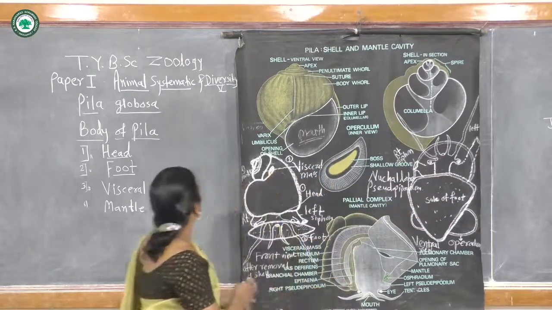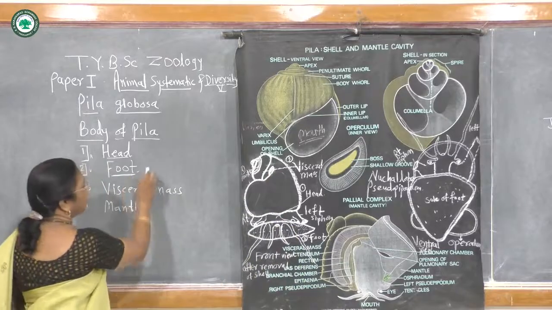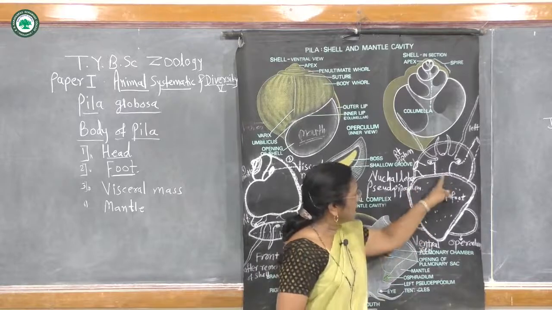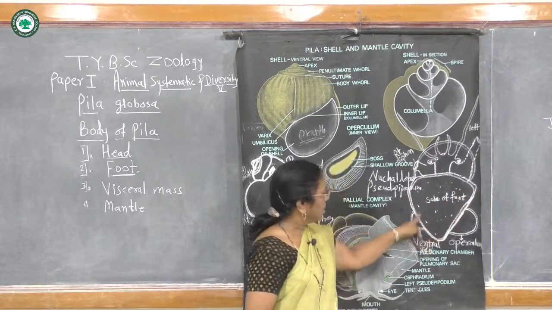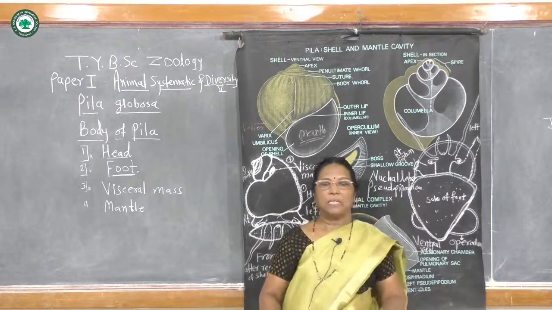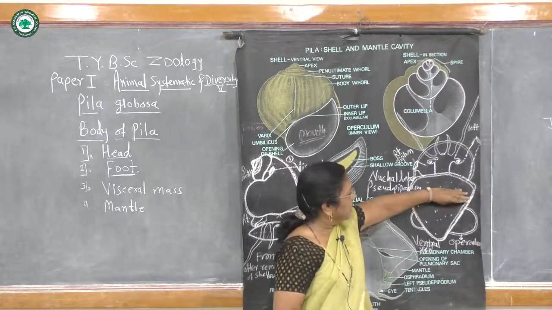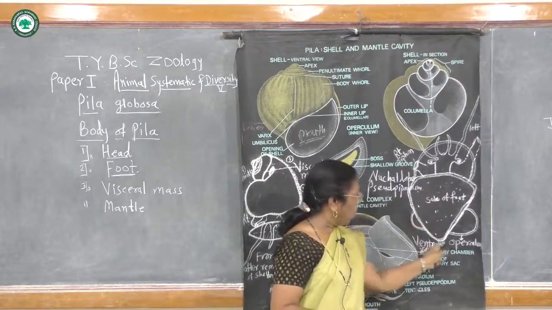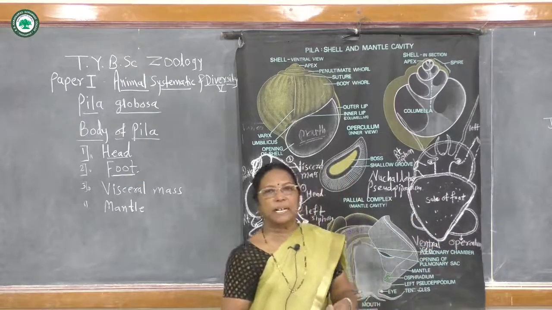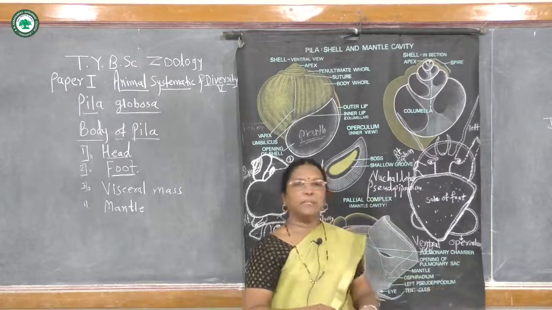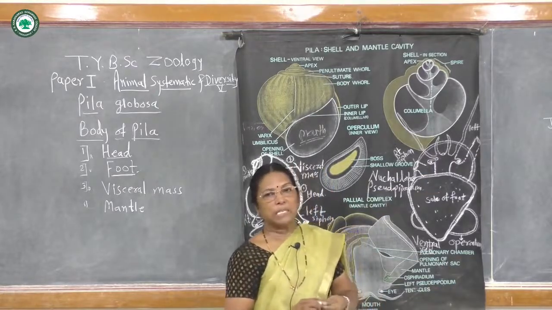You can see here the foot is a triangular part. This triangular part is broad anteriorly and narrow, with the apex directed posteriorly. The flat broad part is smooth.